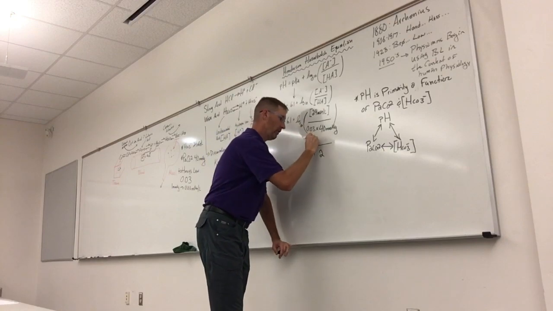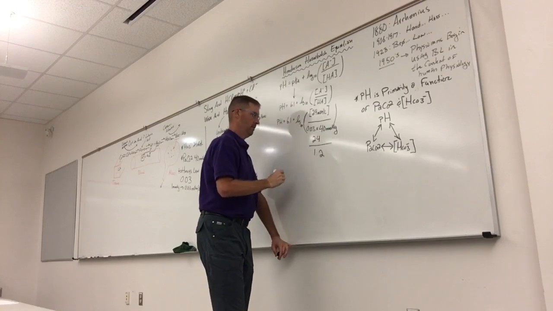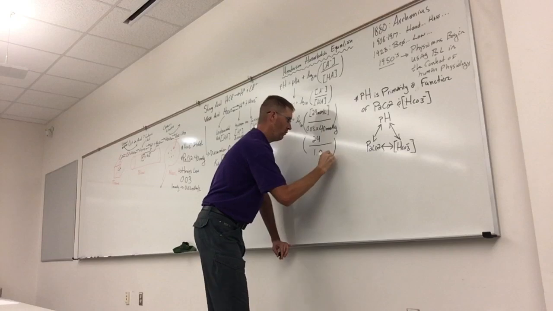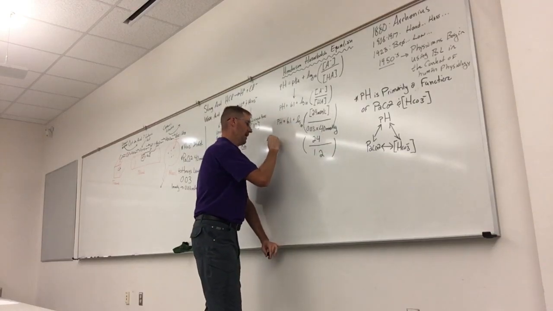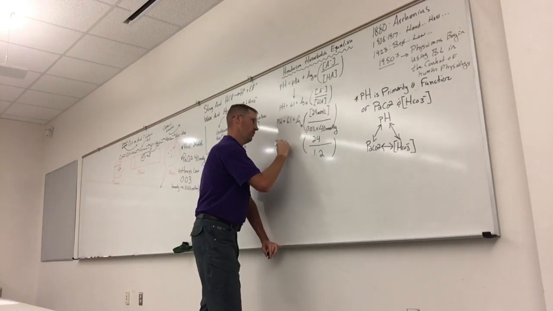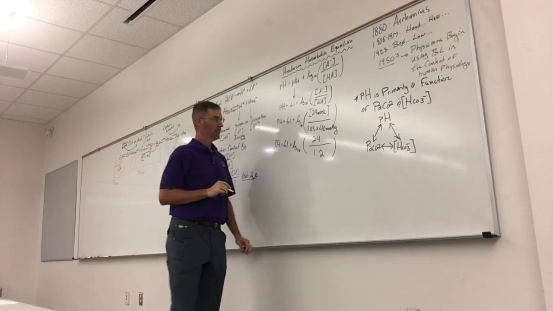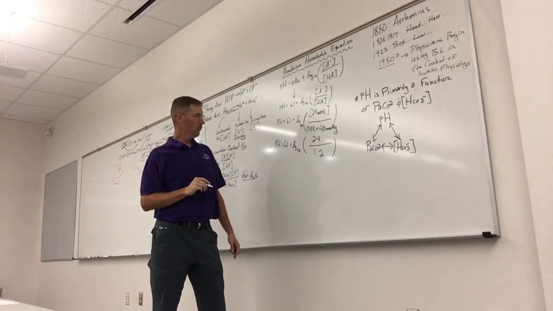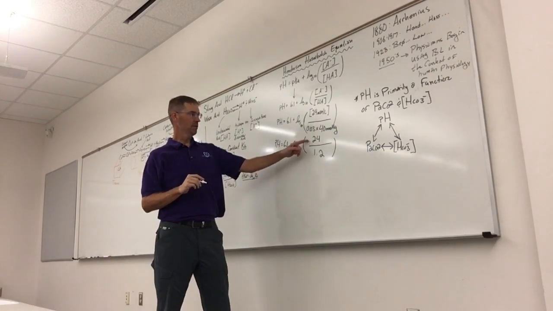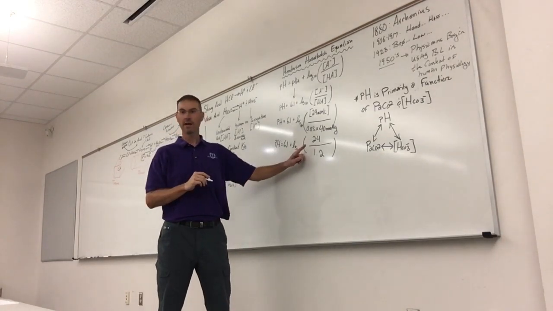And then we have 24 up here. And then we'll put the rest of the equation. So pH equals 6.1 plus log. Good with that? So what do we do next? Well, we haven't taken care of the parentheses yet, right?